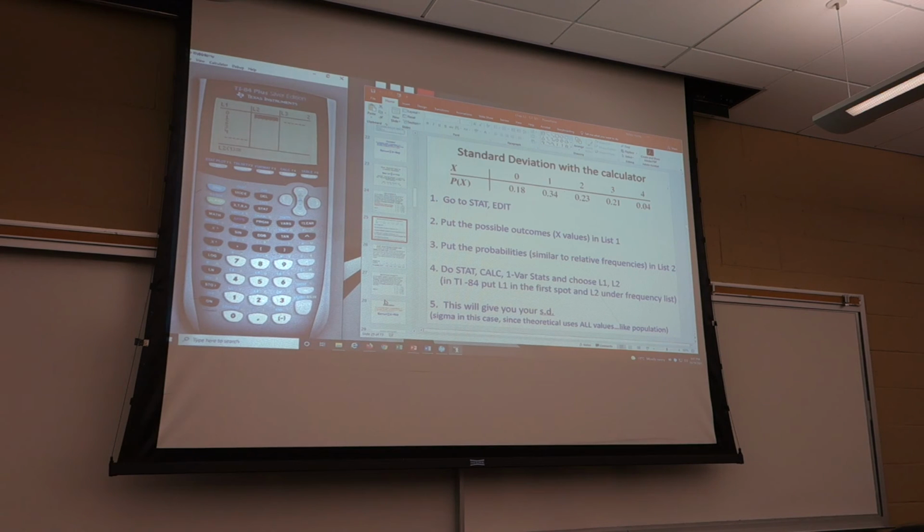And then arrow over to list 2. Use the one that I'm doing. Do my example on the board, not the one from your homework or your paper. 0.18, 0.34, 0.23.